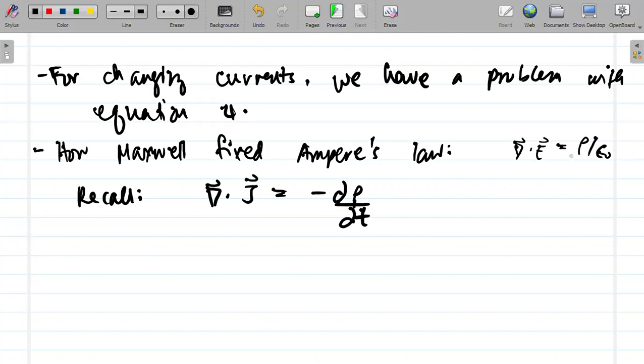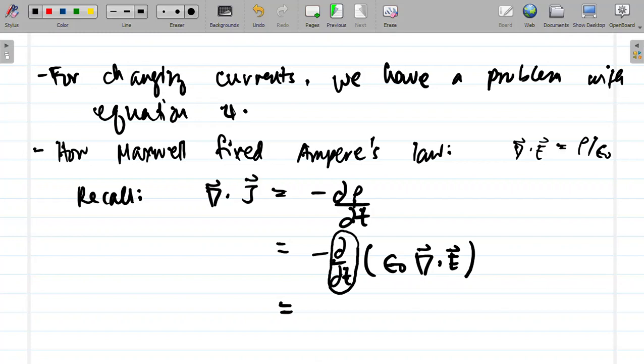So, our rho is epsilon naught del dot E. So this becomes negative partial t of epsilon naught del dot E. Class, this is temporal, partial t, while this is spatial, partial x, partial y, partial z.